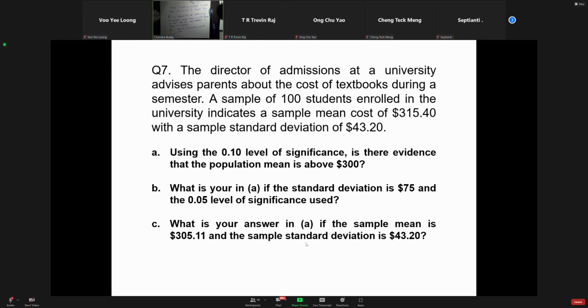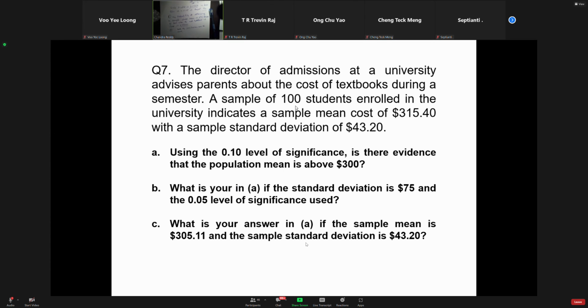The next one is: the director of admissions at a university advises parents about the cost of textbooks during a semester.